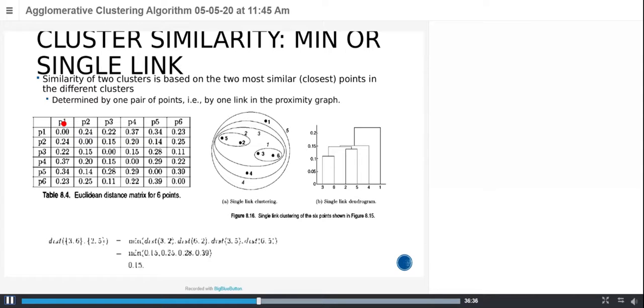Actually, what is the distance between P1 and P2? Type it down now. We are going to solve the problem. What is the distance between P1 and P2?